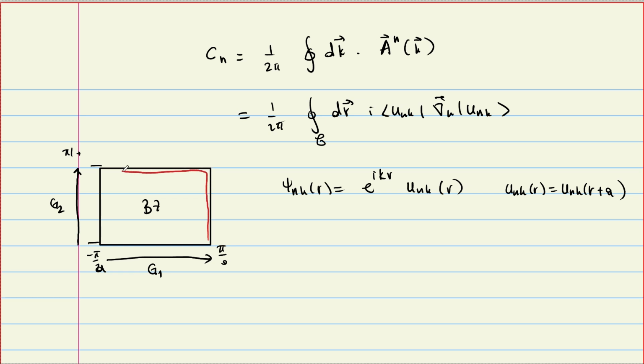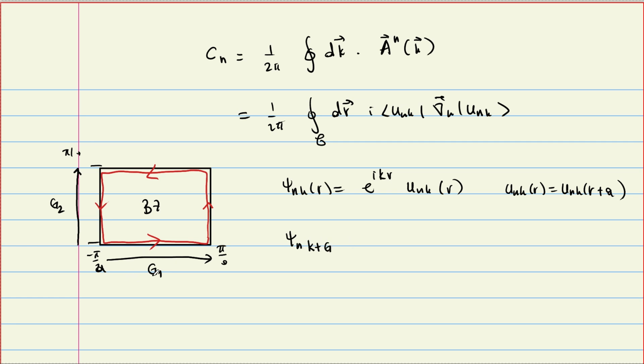So we need to calculate the line integral along this contour. It's something like this. You see, I need the values of this A at the boundaries of the Brillouin zone, and I need to be careful with the boundaries. And so what happens to psi_{n,k+g}, right?